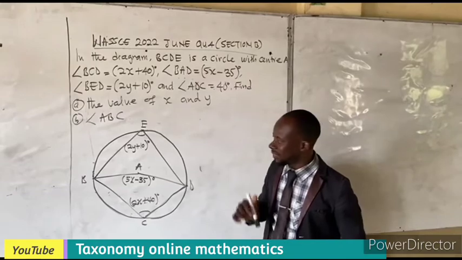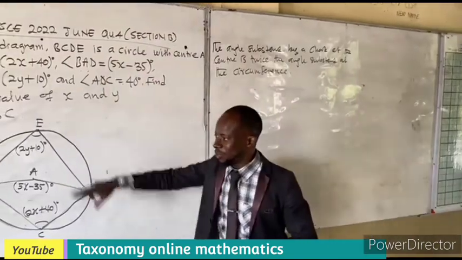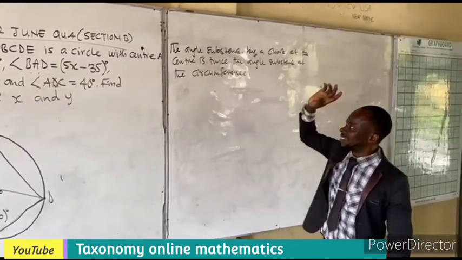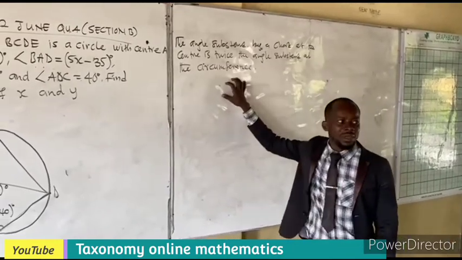But let's take the first theorem, which says the angle subtended by a chord at the center is twice the angle subtended at the circumference by the same chord.